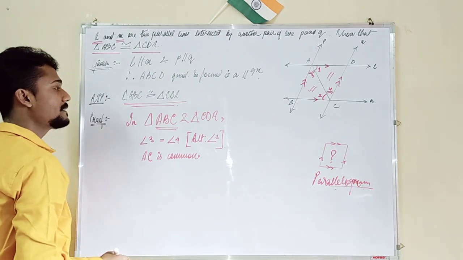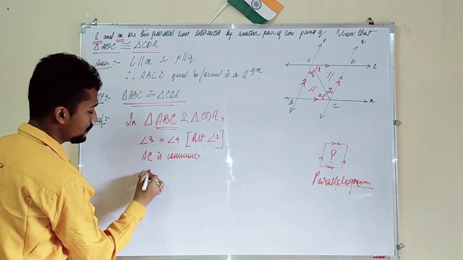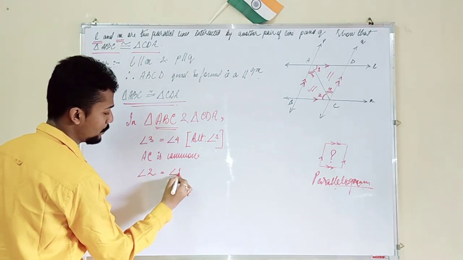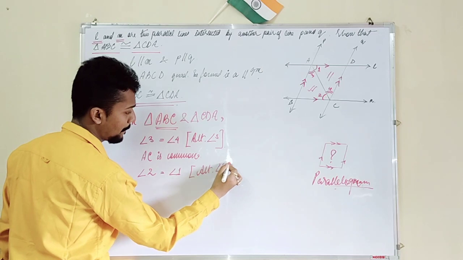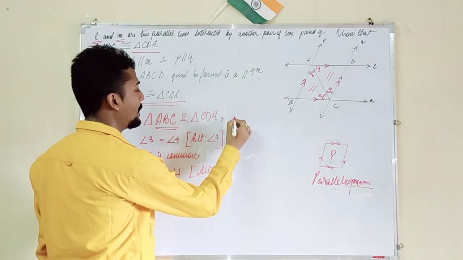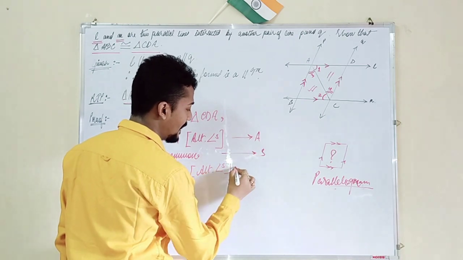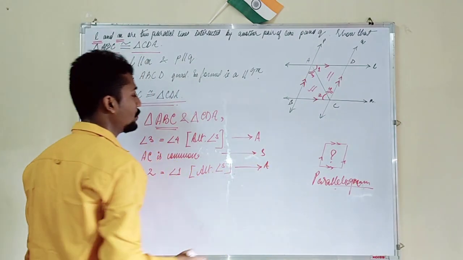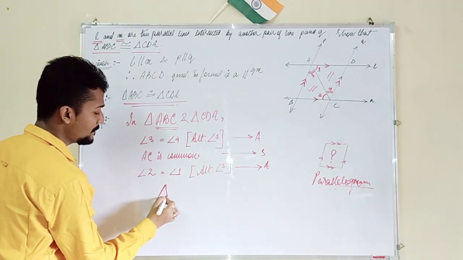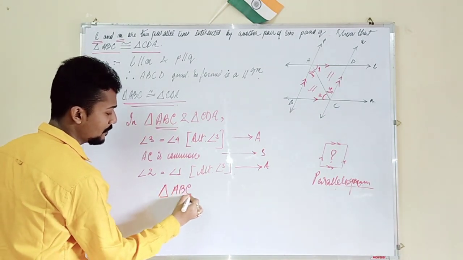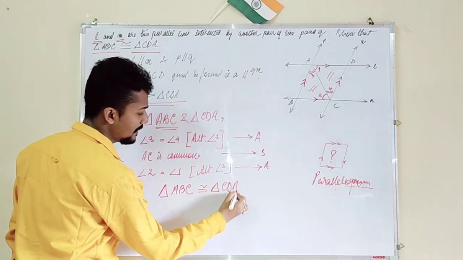Then what can I say next? Angle 2 is equal to angle 1. Reason: alternate angles. So by angle, side and angle, both the triangles are congruent to each other. It means triangle ABC is congruent to triangle CDA.